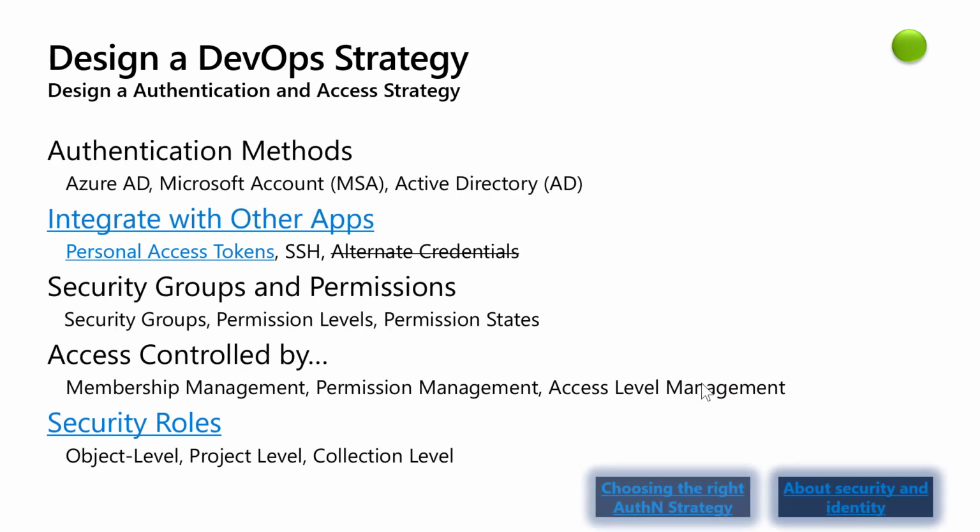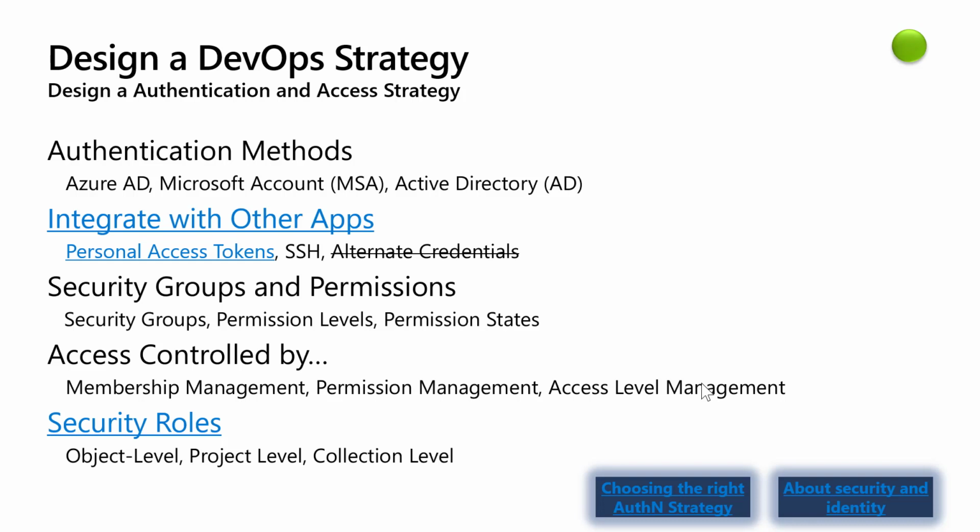Then a little bit on authentication access strategy. Already talked about it at the beginning of this section. Once more, two pointers to some additional documentation. What's important is knowing that Azure DevOps supports on-prem Active Directory, supports Azure Active Directory, and supports Microsoft Live ID, Microsoft account, to authenticate and identify yourself.